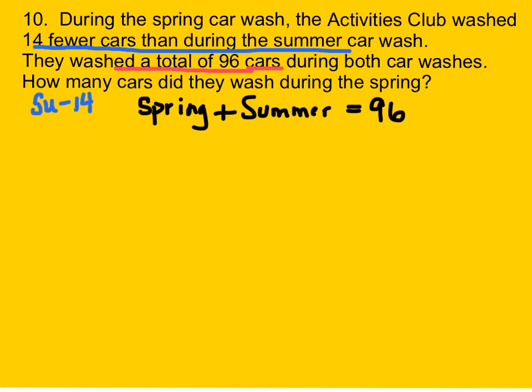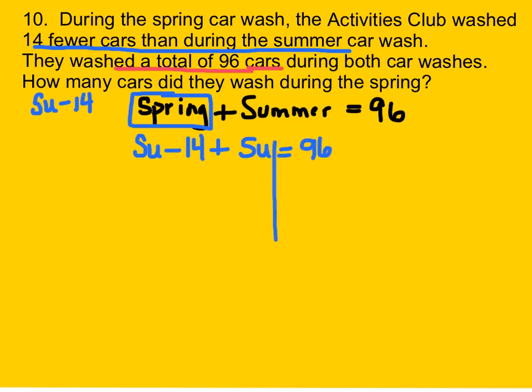That is how many they washed in the spring. So here, where we have the word spring, that's where we're going to plug in the summer minus 14. Now let's bring down the rest of our equation. So we have plus, I'm going to abbreviate this with an SU for summer, and that equals 96.